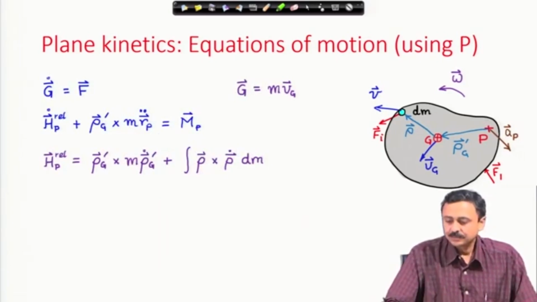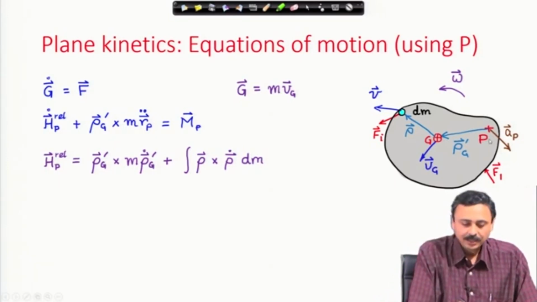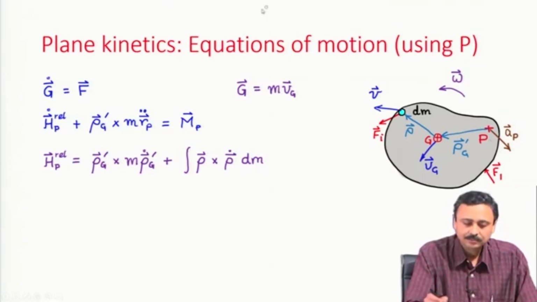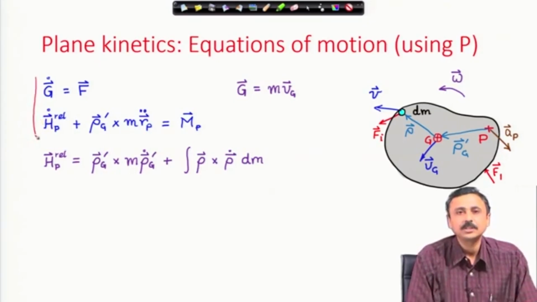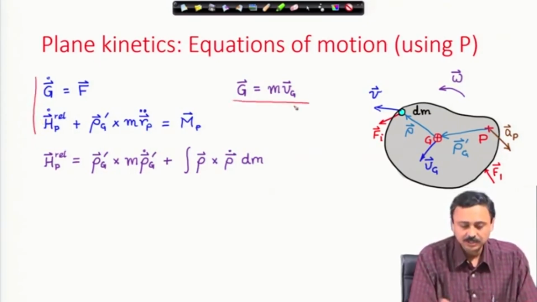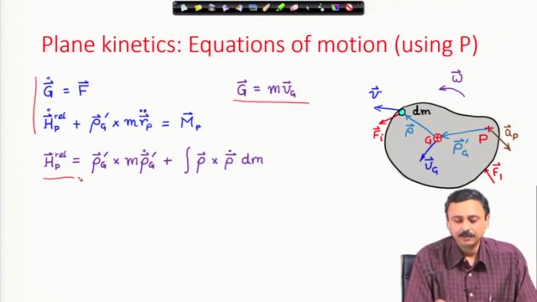In the first case, when it is not fixed, the point on the rigid body and it is not fixed, in that case we have these two as our equations of motion, and the definitions of G and H_P rel we have defined before.